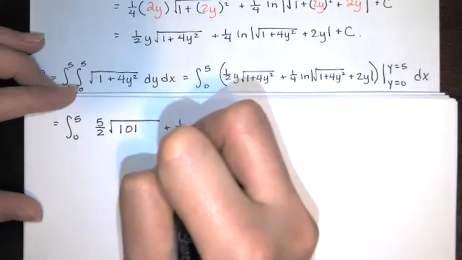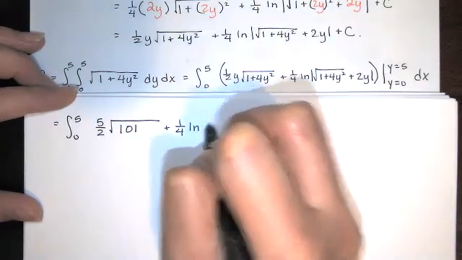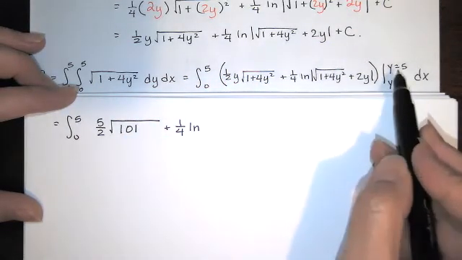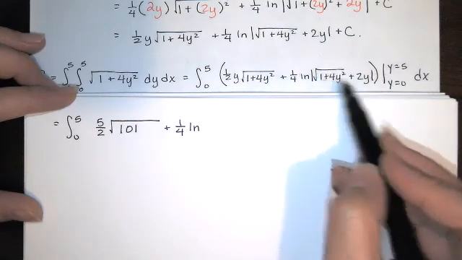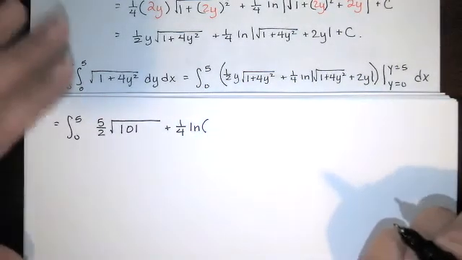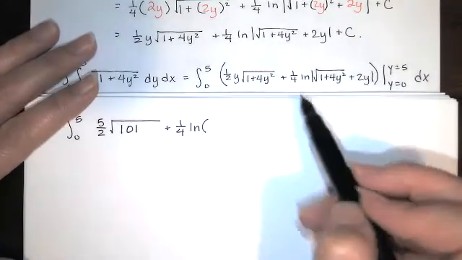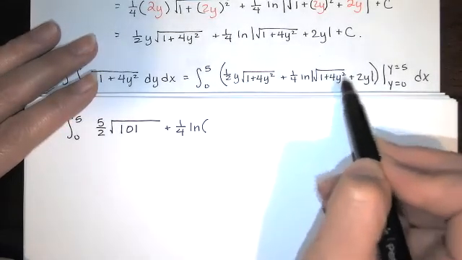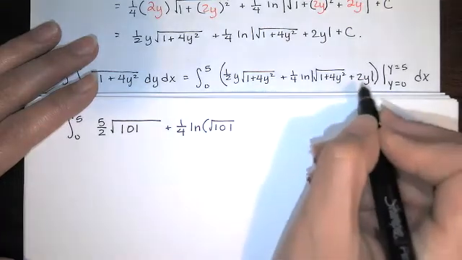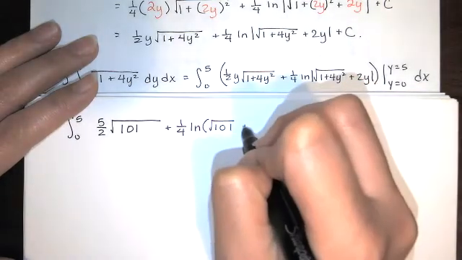And then I've got 1/4 of the natural log of the absolute value of this. But if y is 5, all of this is positive. So we don't really need the absolute value. The absolute value of a positive number is that number. So this will still be 101 under a radical. And 2 times 5 is 10.